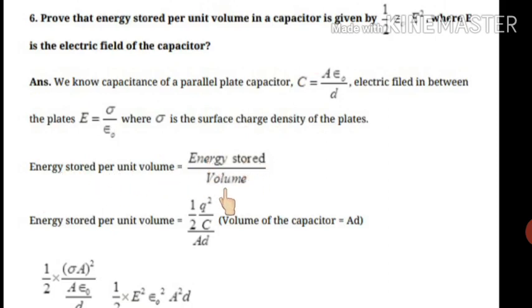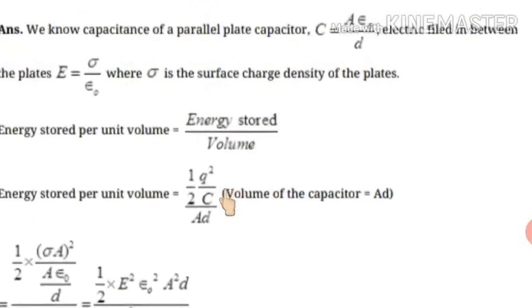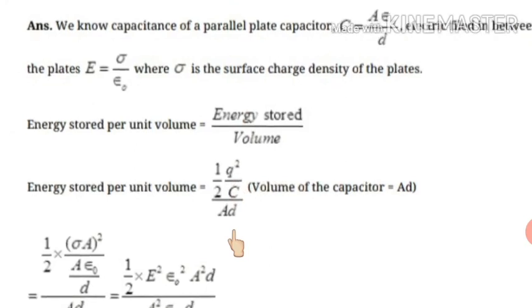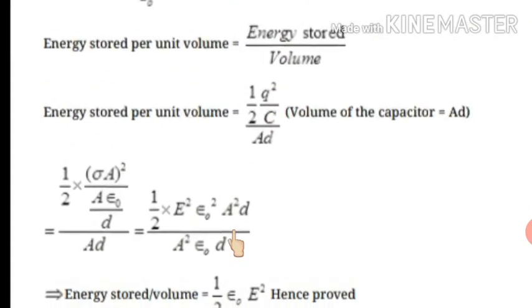Energy stored upon volume. Now we know how much the energy of the capacitor is. We have derived it. It is Q square upon 2C. So in place of energy stored we will simply write Q square upon 2C, and in place of volume we can write A into D. Now pay attention.